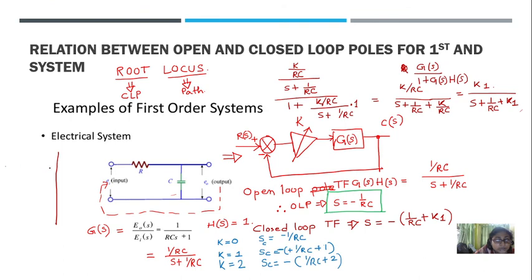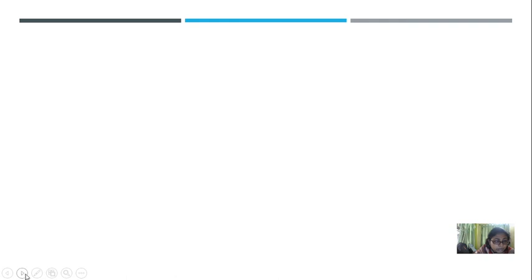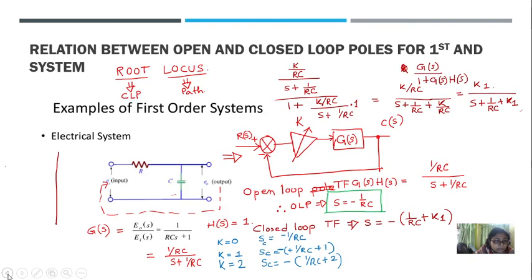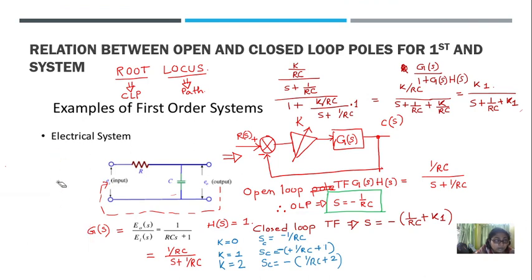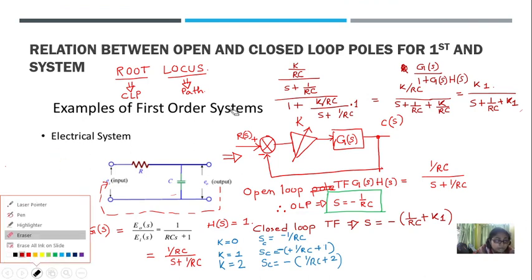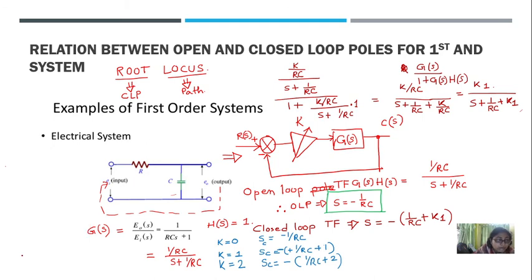Suppose initially the open loop pole was here. This is the position of 1/RC.